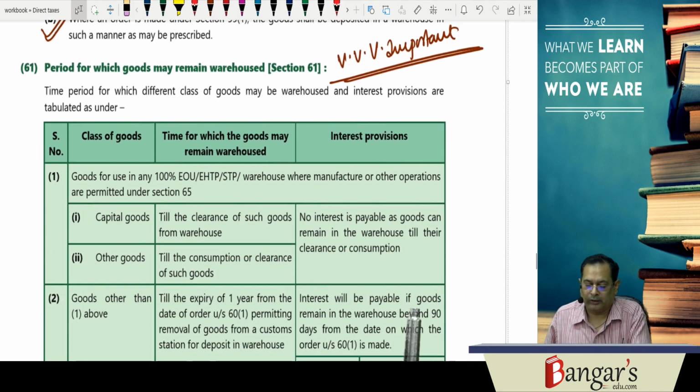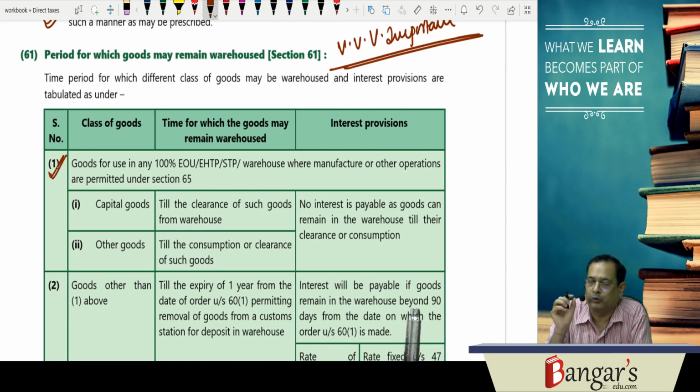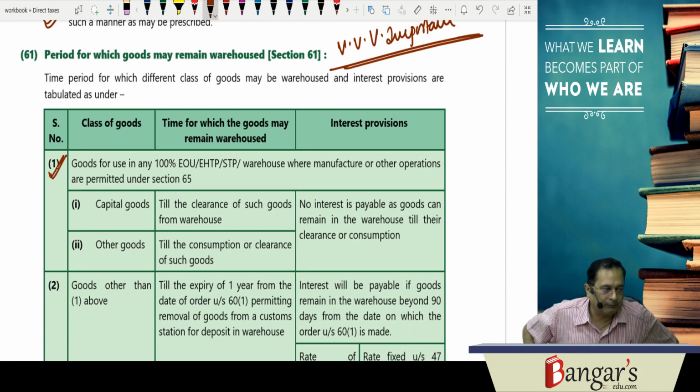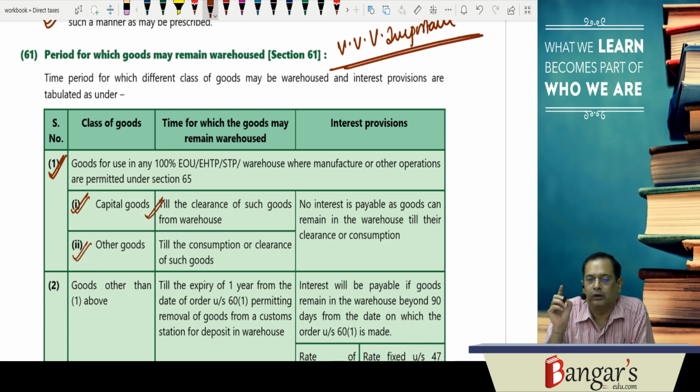Now here, if the goods are for use in a 100% export oriented unit, or electronic hardware technology park, software technology park, or in a warehouse where manufacturing and other operations are permitted, whether they are capital goods or other goods, the capital goods can remain in the warehouse till their clearance from the warehouse, and other goods may remain in the warehouse till their consumption or clearance, and no interest is payable as goods can remain in the warehouse till their clearance or consumption.